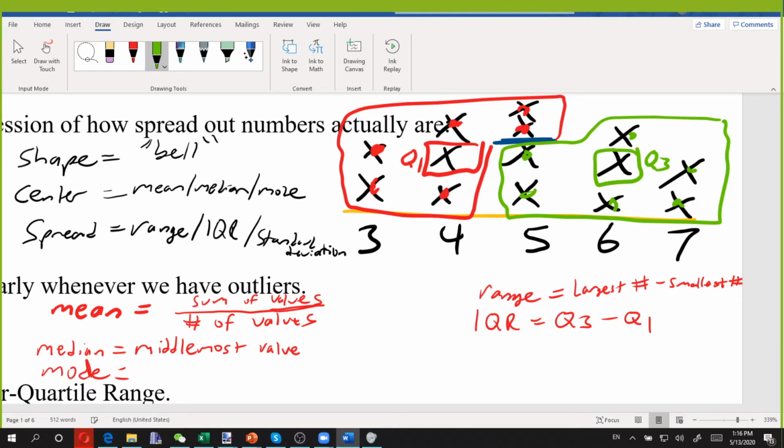Q3 is your 75% mark, 3 times 25%. Q1 is your 25% mark, 1 times 25%. Your IQR is the range of values that include the middle 50% of all values, which means the 75% mark minus the 25% mark would be the middle 50% of all values.